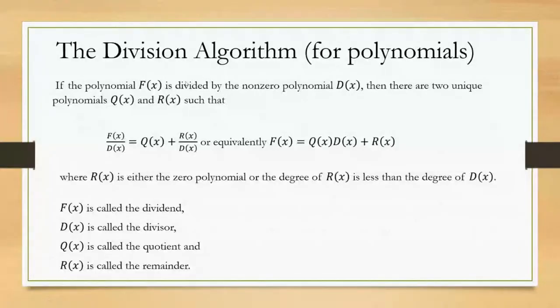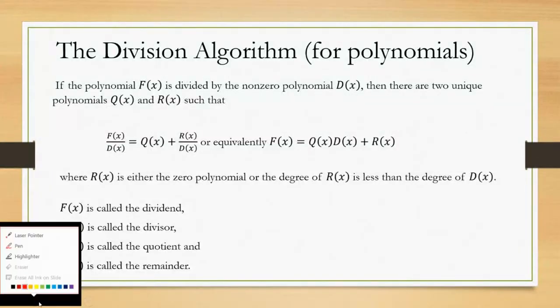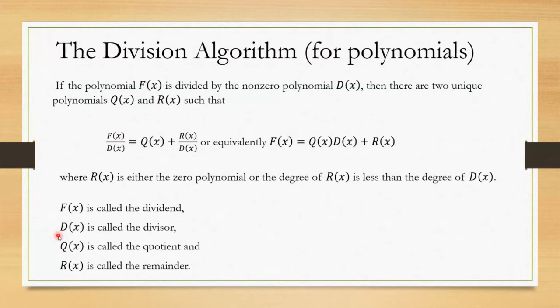Again, if you have a polynomial f of x and you're dividing it by a non-zero polynomial, I called it d of x, what you can do is find two unique polynomials, q of x and r of x, such that f of x over d of x equals q of x plus r of x over d of x. Or you can write it this way, they're both equivalent, mostly because d of x is non-zero.